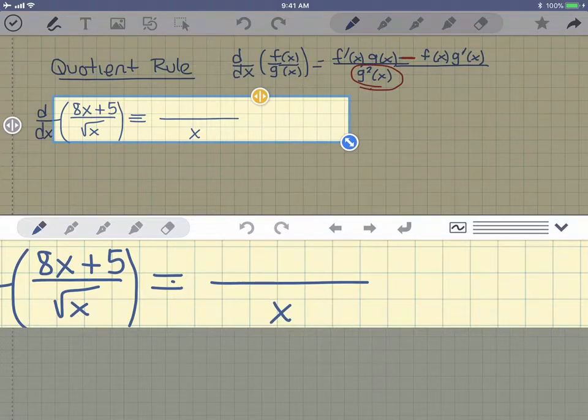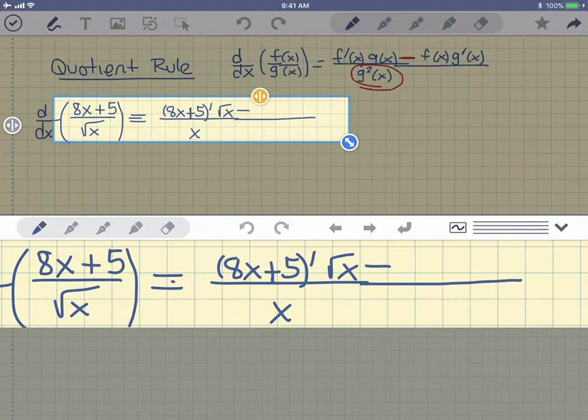Now the top becomes, I'm going to write this down carefully just so you have it, because this is my first example: 8x plus 5, the derivative of the top times the bottom, minus the top times the derivative of the bottom.